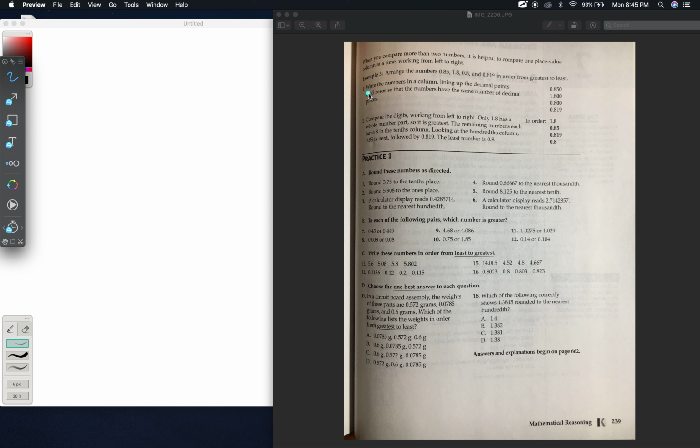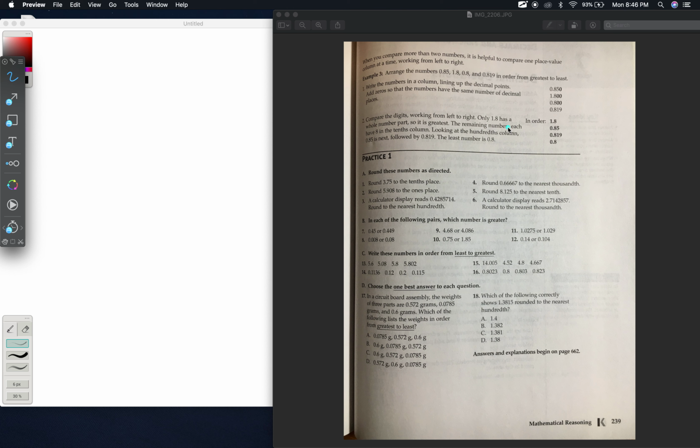Write the numbers in a column, lining up the decimal points. Add zeros so that the numbers have the same number of decimal places. Okay? As you can see, that's what they did here. Added some zeros just as placeholders, even though it does not make the number any larger. Okay? Compare the digits working from left to right. Only 1.8 has a whole number part, so it is the greatest.